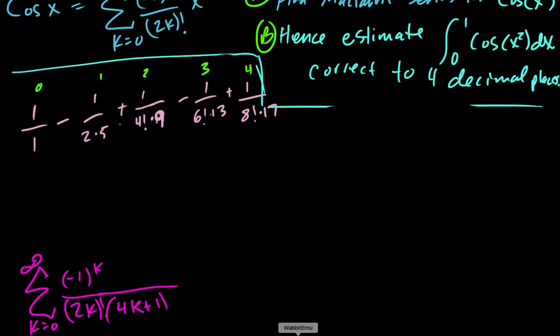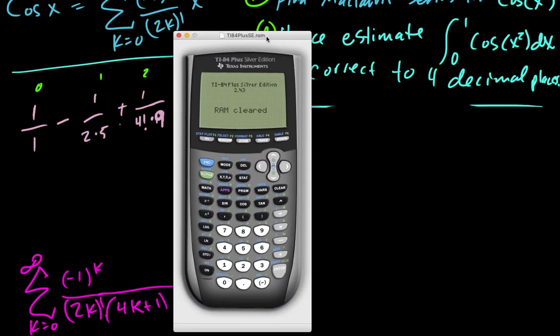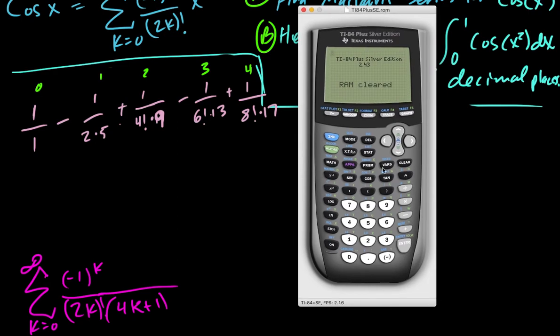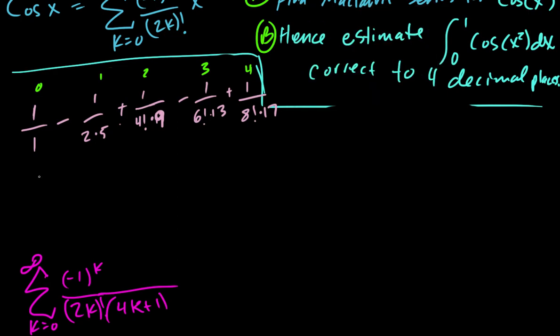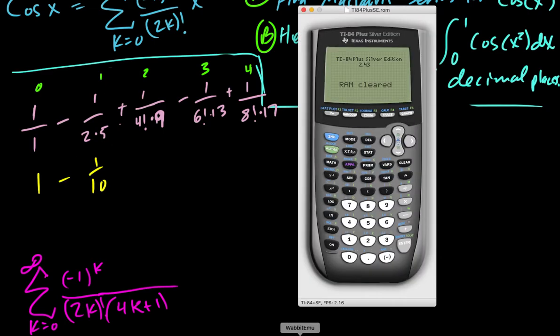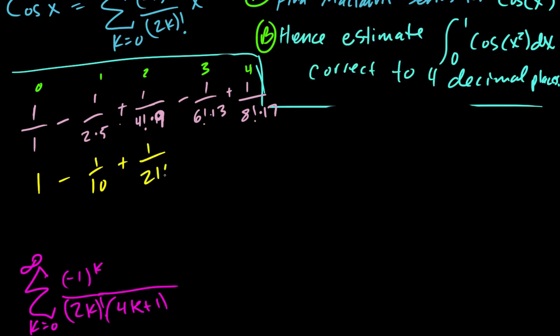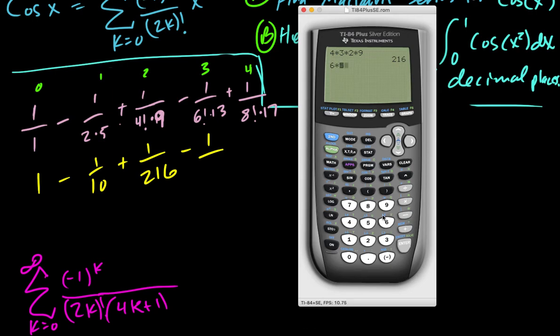Okay. I'm going to go to my calculator to help me with some of this, just to simplify it. Okay. So 1 over 1 is 1, minus 1/10. 4 factorial, 4 times 3 times 2 times 9. That's 216. Okay, now we do 6, 5, 4, 3, 2 times 13.